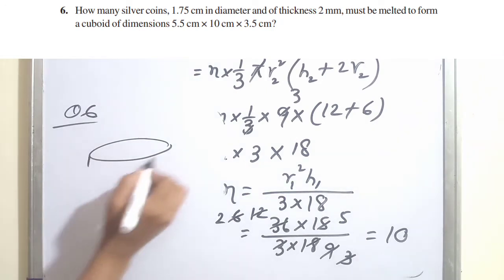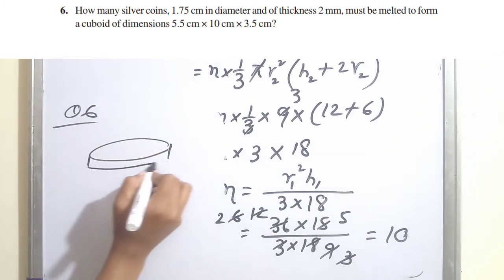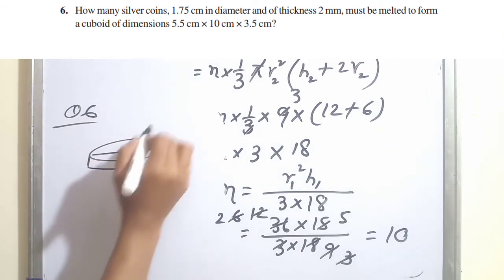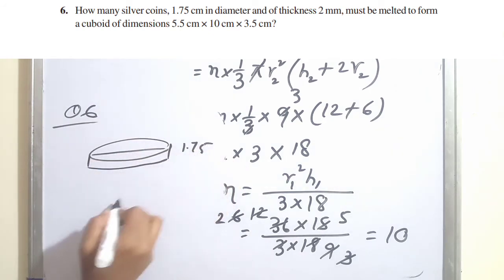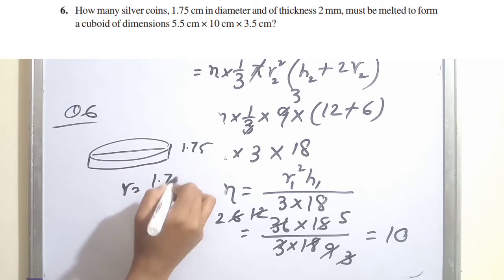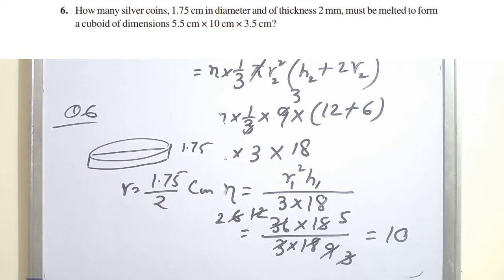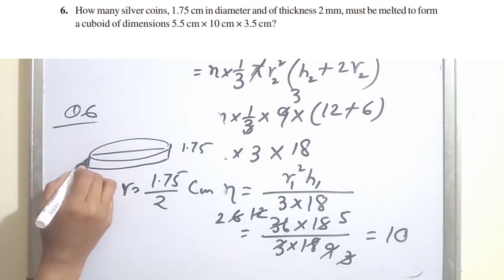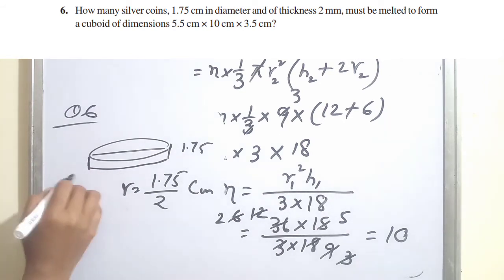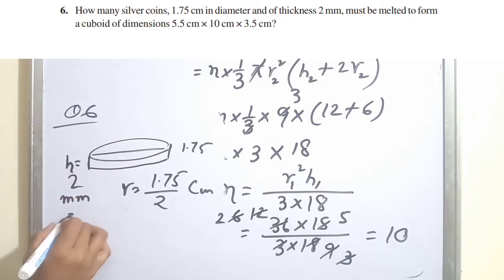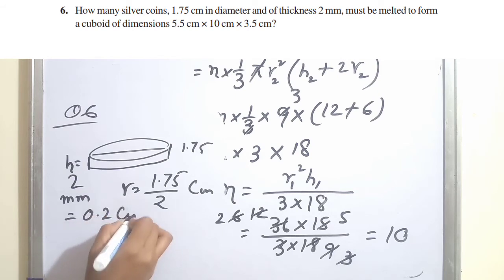Suppose this is a silver coin and given that this diameter is equal to 1.75, that means radius is equal to 1.75 upon 2 centimeter. And this thickness means this height h is equal to 2 mm. Mm means millimeter, so convert into centimeter, that means 0.2 centimeter.